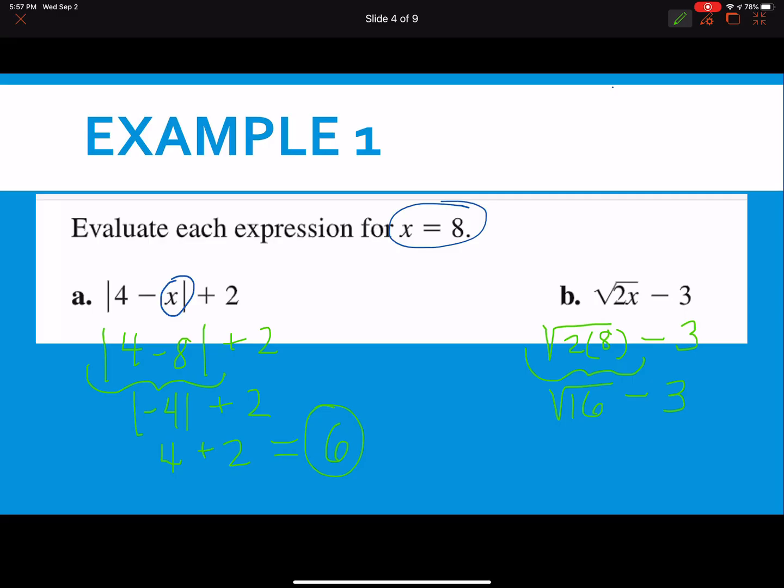The square root is the opposite of squaring a number. So think about, what number would I square to get an answer of 16? 4, that's correct. So the square root of 16 is 4, subtract 3, and we're going to be left with an answer of 1.